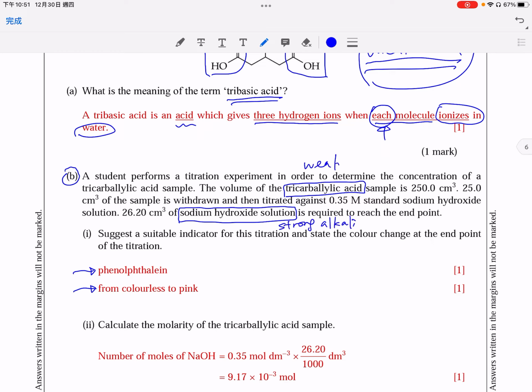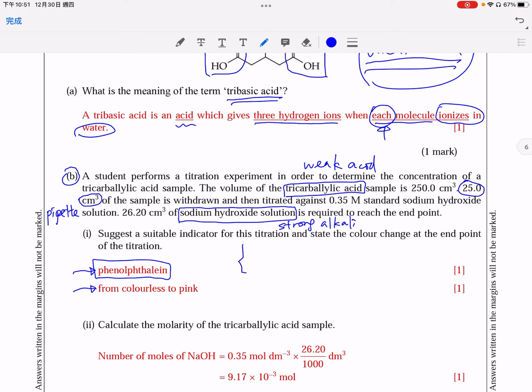So, weak acid against a strong alkali, we have to use phenolphthalein. Then, how to determine the color change? Check from here, okay? 25.0 cm³, of course, we have to withdraw this volume using a pipette. So the acid was withdrawn from a pipette.